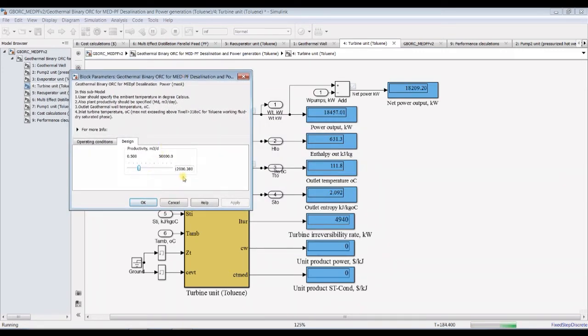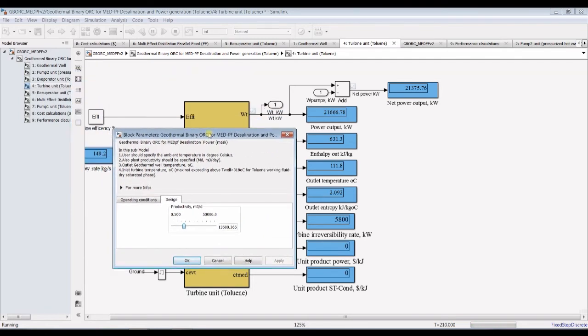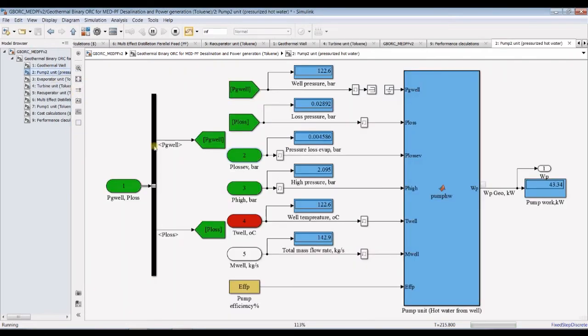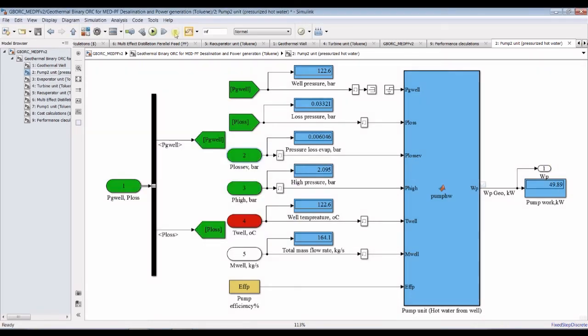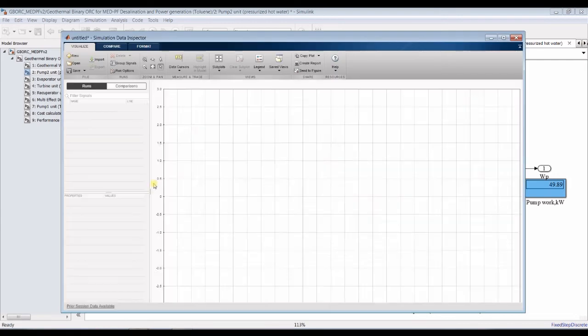Increasing the productivity, I'm sorry, mass flow rate, would increase the power generation by the turbine unit, and you can realize this power consumption by the turbine unit. Suppose you're increasing here, increasing effect on the power, the pumping power, and so on. That's it. Stop. As you can see, let's go and discover some figures.